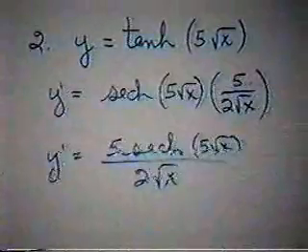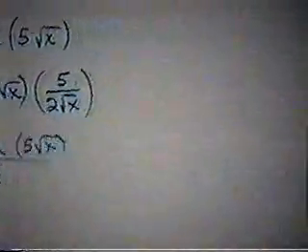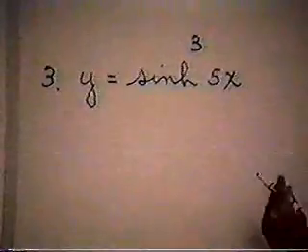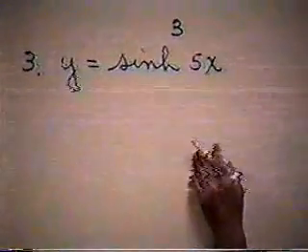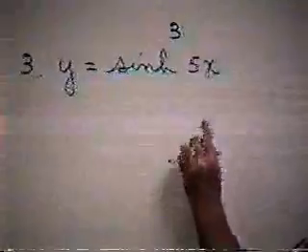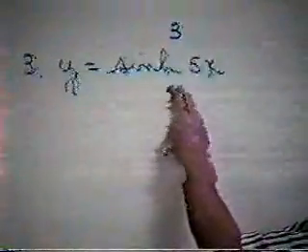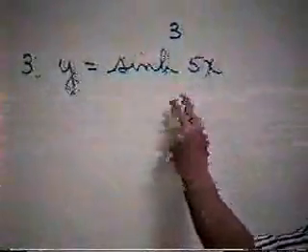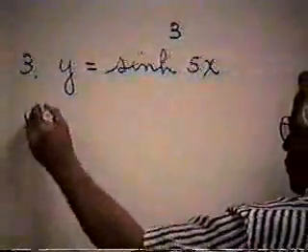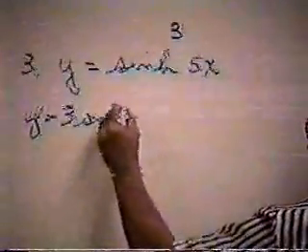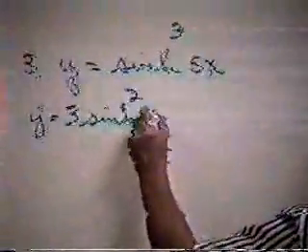All right, let's look at example number 3. This is where you have to pay very close attention to what's going on. This is a power rule of the hyperbolic sine. So therefore, you power rule first. So it's 3 times hyperbolic sine squared.